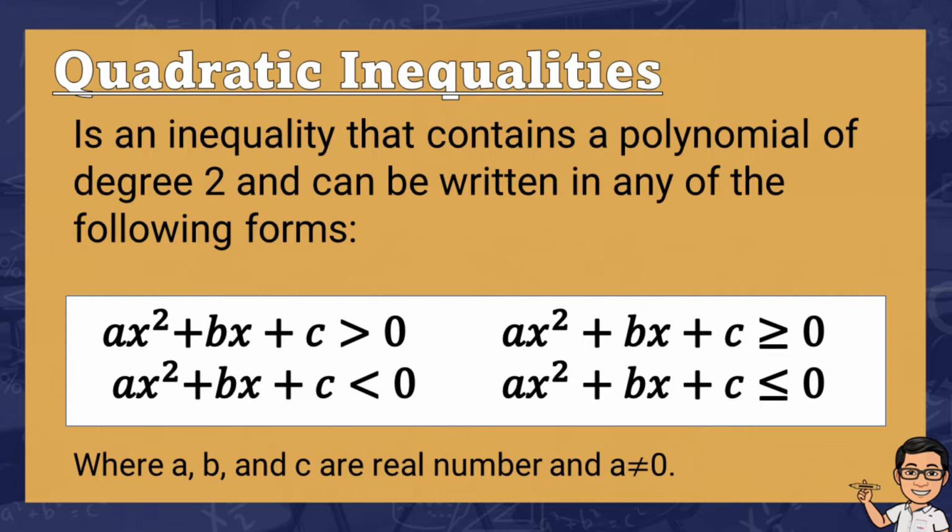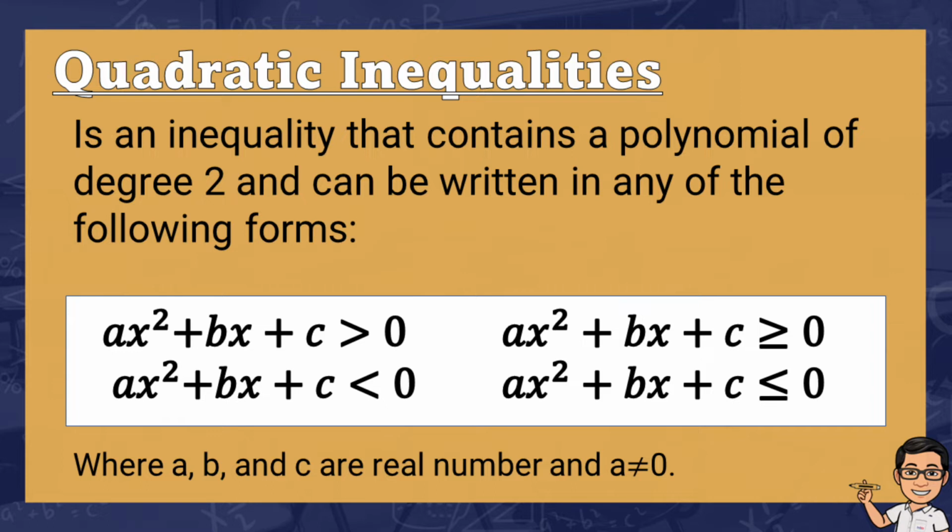So, para lang din siyang standard form ng quadratic equation, kaya lang dito naging apat. Bakit siya naging apat? Kasi we are now using four symbols. So, we have the greater than, less than, greater than or equal, and less than or equal. Where the values of A, B, and C are real numbers and A must be not equal to 0.